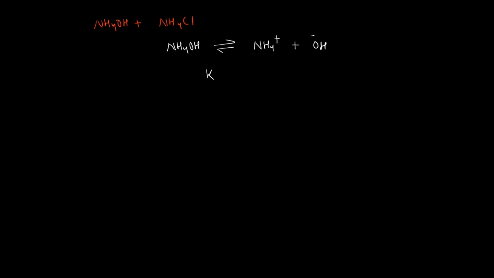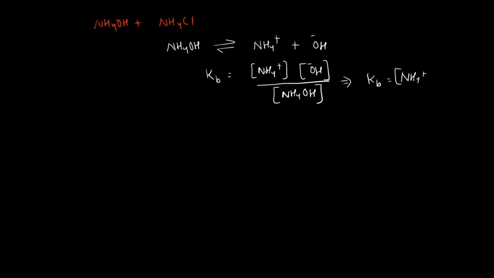So we can write the equilibrium constant for the base: ammonium ion concentration multiplied by OH- ion concentration divided by the concentration of the weak base ammonium hydroxide. We can rearrange this equation in this form: Kb equals ammonium ion concentration over concentration of ammonium hydroxide multiplied by OH- ion concentration.